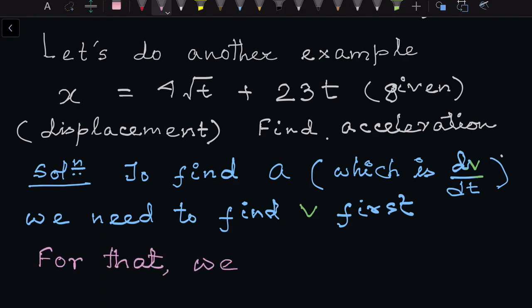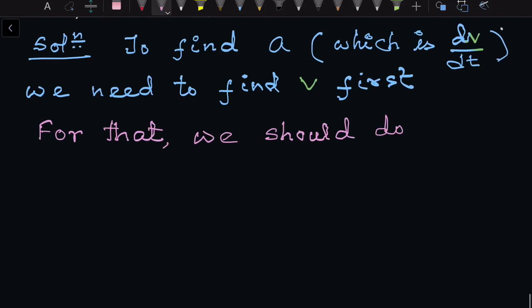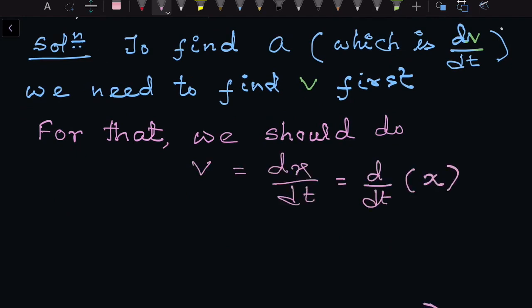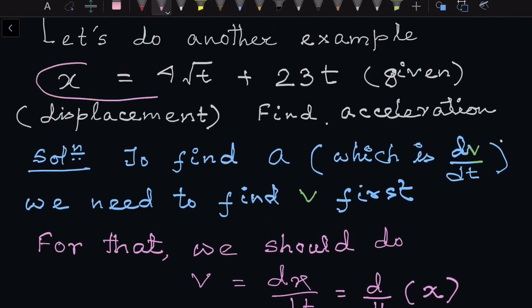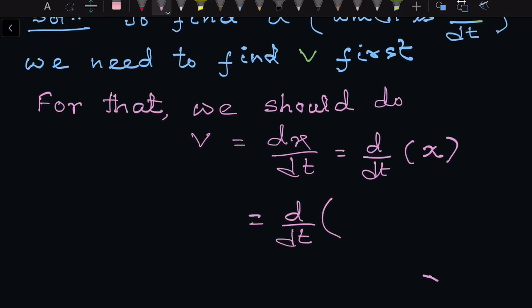So let us first find velocity as dx by dt equals d/dt of x, which was given as x equals 4 root t plus 23t.